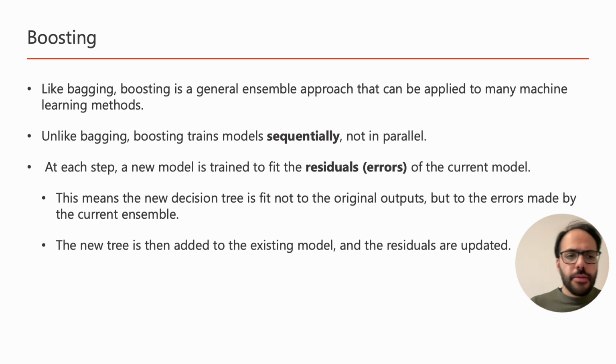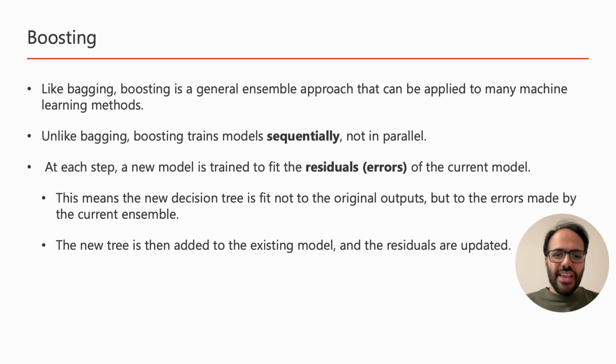However, unlike bagging, boosting trains models sequentially, not in parallel or independently. And this is a very critical differentiation between the two. And the idea is relatively simple. At each step of boosting, a new model is trained to fix the problems of the previous models.